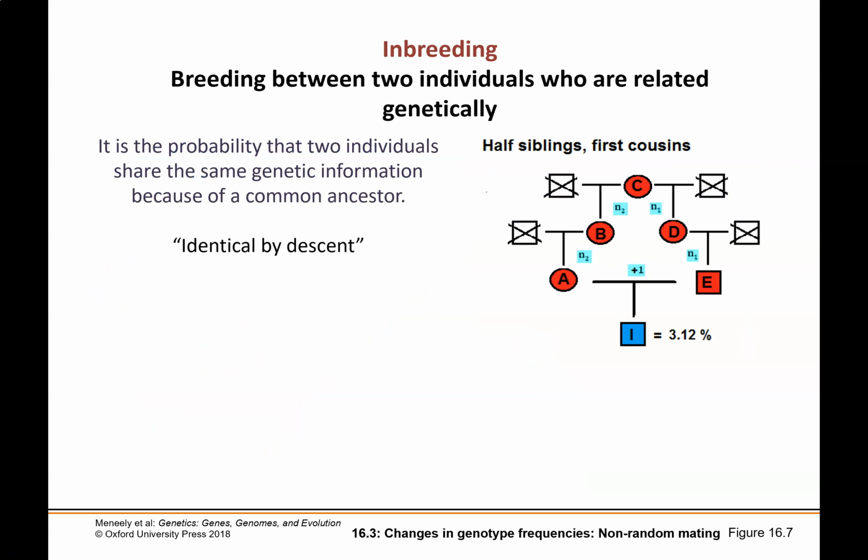So if we have an inbreeding situation and our first cousins from the previous slide have a child, this individual has an increased chance of having the same genetic information from a common ancestor. So this might be if this individual passes a little a all the way down on both sides, and this individual becomes little a.